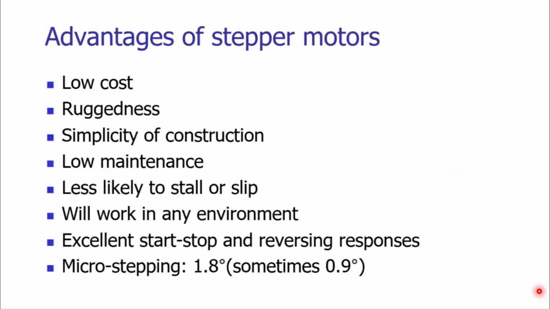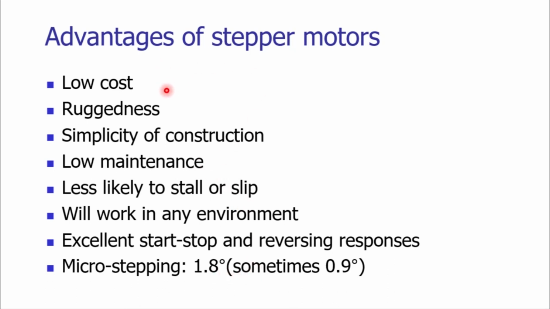The prominent advantage of the stepper motor is the micro stepping. As we have seen in a previous slide, the stepper motors or the hybrid stepper motors are able to provide around 1.8 degrees step angle to us.